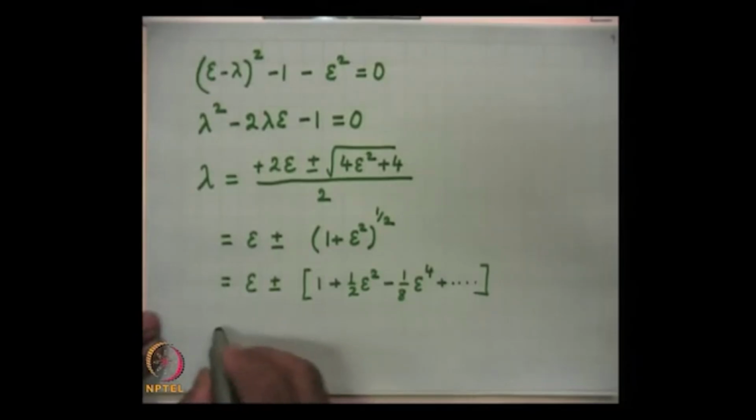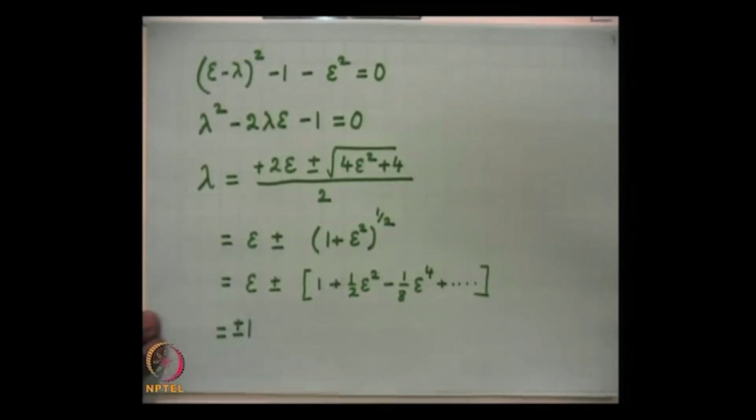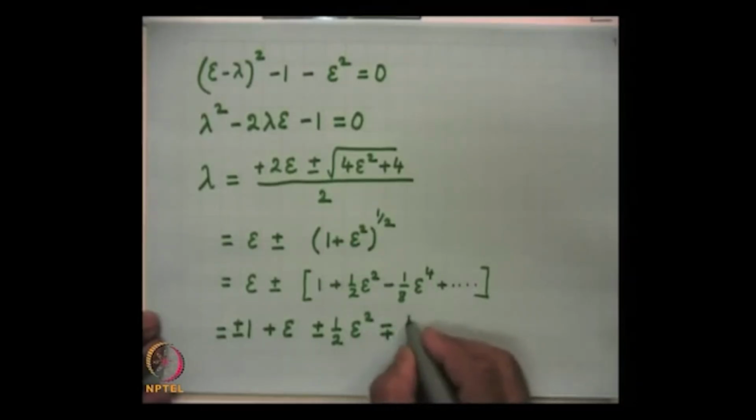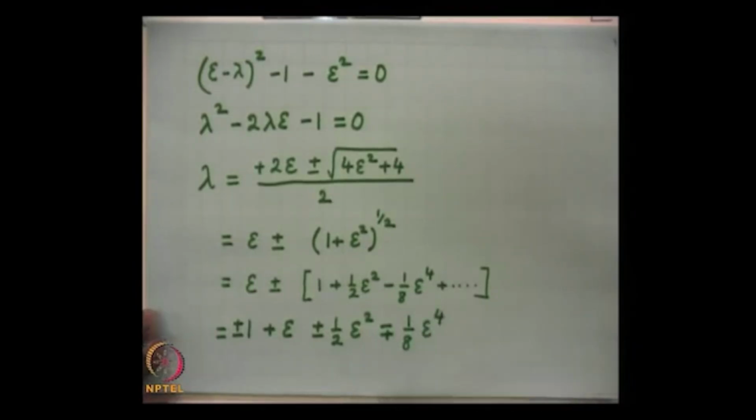So, please see this, the eigenvalues as plus minus 1 plus epsilon plus minus half epsilon square minus plus 1 by 8 epsilon to the power of 4.